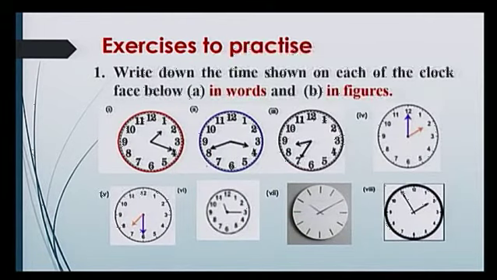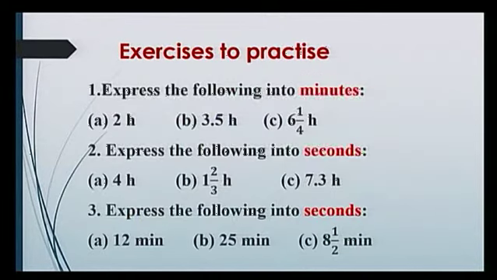So these are some exercises for you to practice. The first one is write down the time shown on each of the clock faces below, part A in words and part B in figures. You also have some questions where you will have to convert into minutes, into seconds, or into hours.